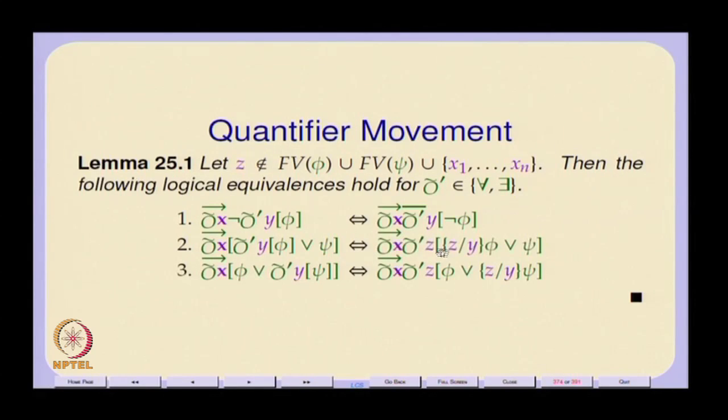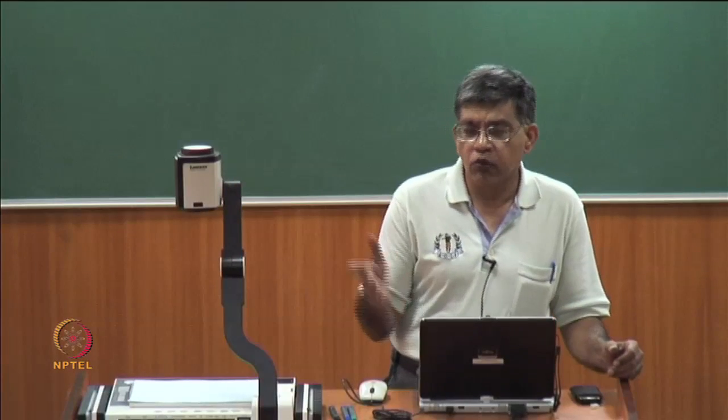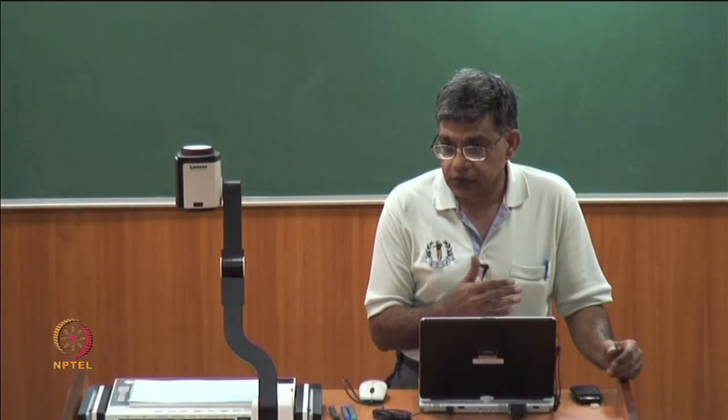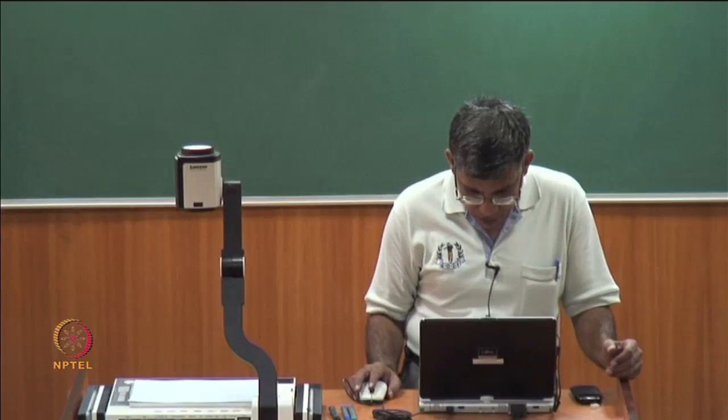This is for OR, and similarly if the quantifier occurs on this side, then I can rename it and move this quantifier outside. So look at these logical equivalences as operating from left to right. What are we doing? We are moving quantifiers towards the left, from the right of any term.